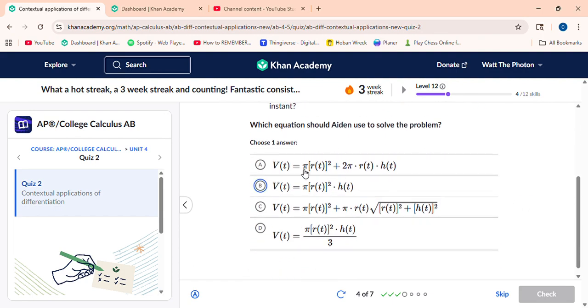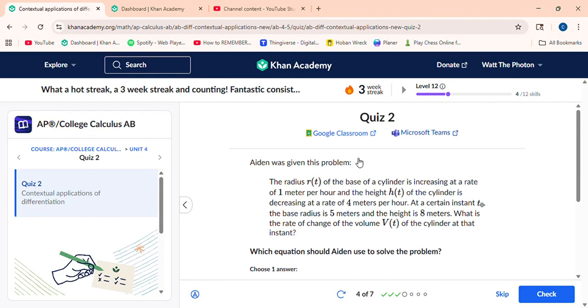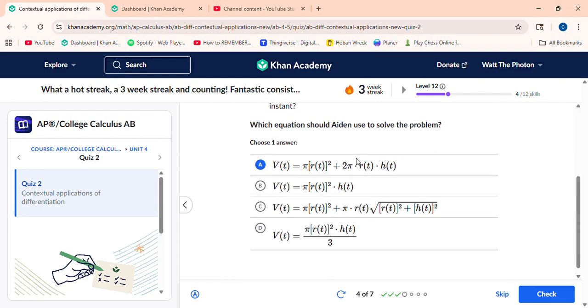Oh, I didn't even read the question. Yep, you use this one. Pi r squared. That sounds right.